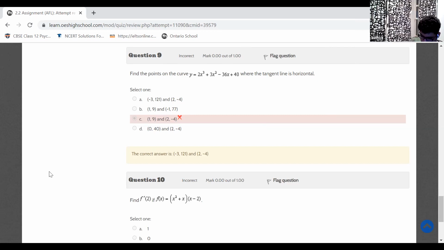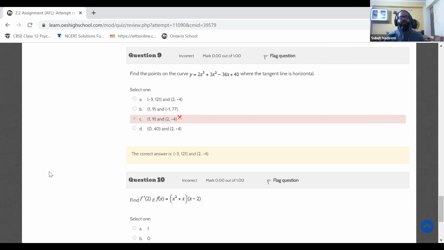Yes, sir. Write it like that. What will be the factors? x minus 2 and x plus 3. What will be x? x can be 2 or minus 3.